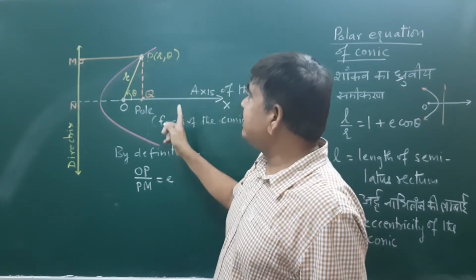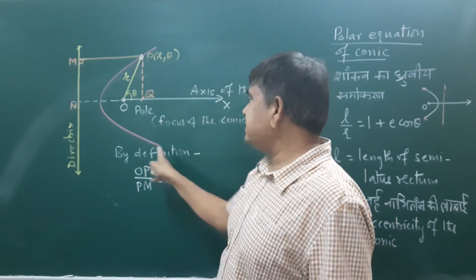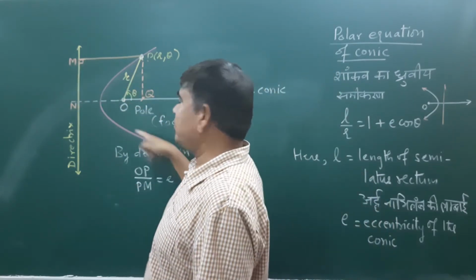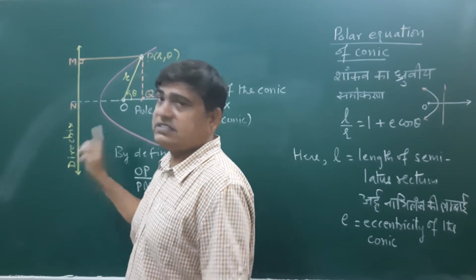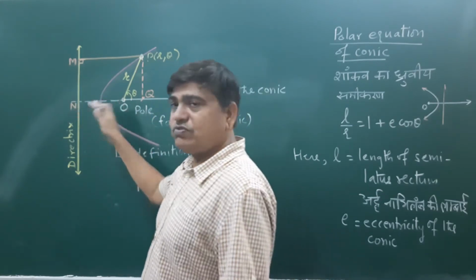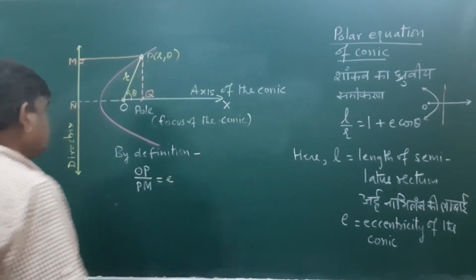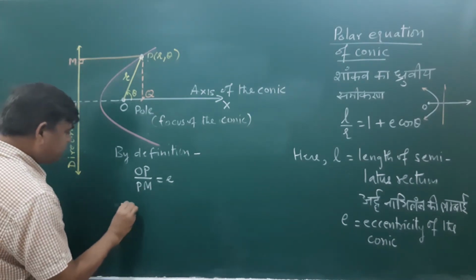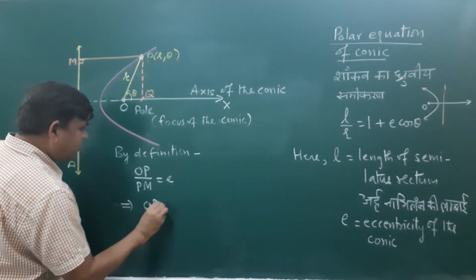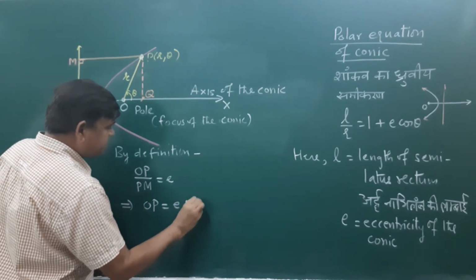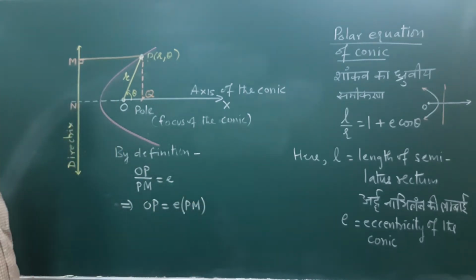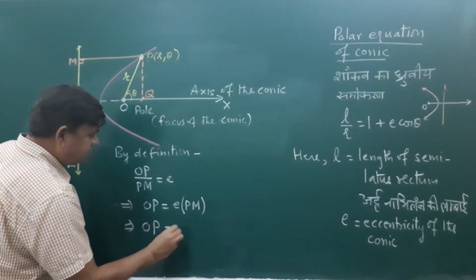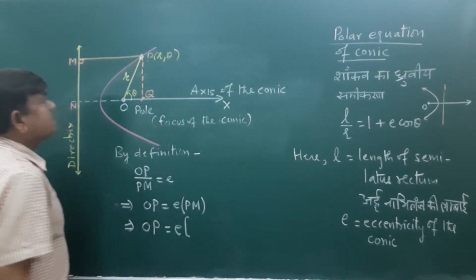Less than 1, then ellipse. Hyperbola, then one branch and a second branch. So OP upon PM equals E. This implies OP equals E times PM.